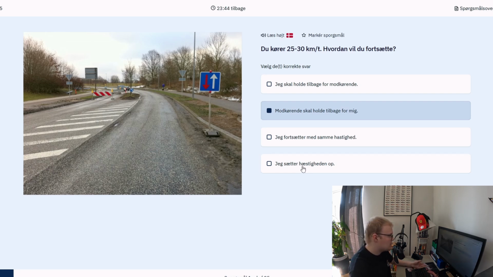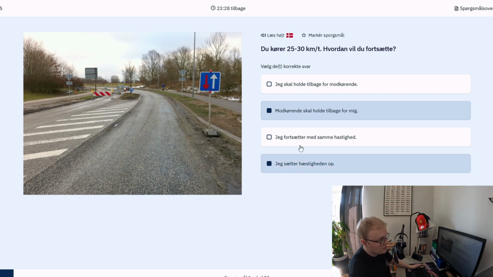So driving 30 is actually a bit too slow, and this is the thing you have to think about, because the right answer is not necessarily the safest answer, it's the most correct answer. And the most correct thing to do here, since there is no oncoming traffic, is going the speed limit. So I will say go to speed limit, because if you say you continue at the same speed, 30 is too slow, you might get a mistake here.